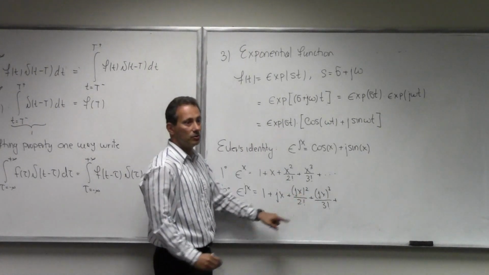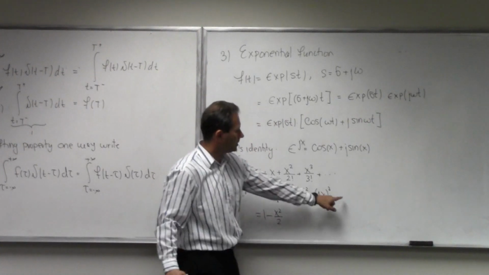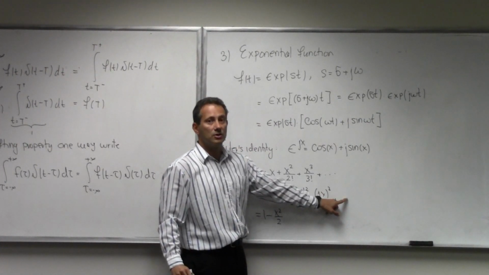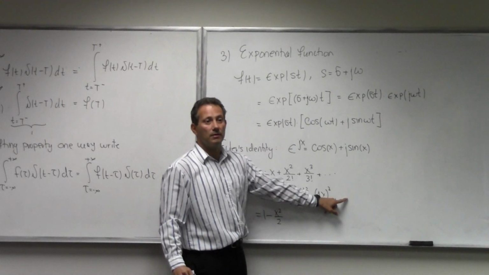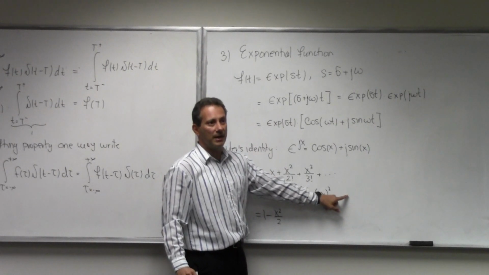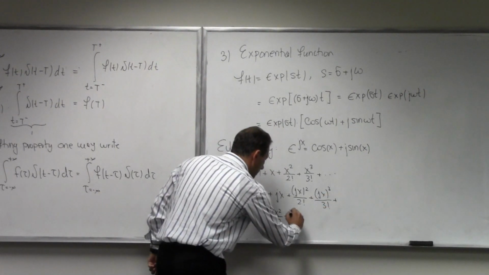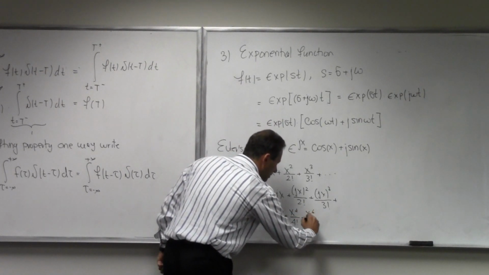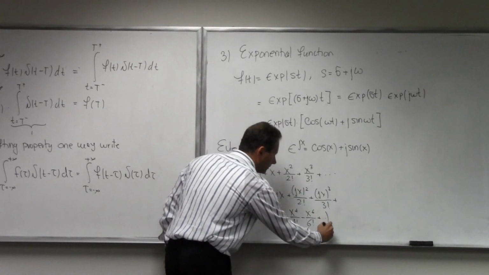Minus x squared over 2, right? Then the term here is going to be (jx) to the power of 4 over 4 factorial. So j to the power of 4 is plus 1, so it's going to be plus x to the 4 over 4 factorial, minus x to the 6 over 6 factorial and so on, right? So that's my real part.